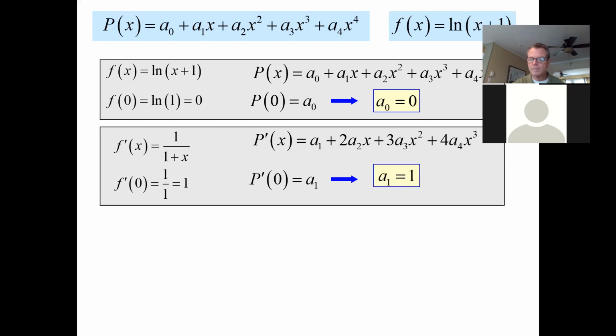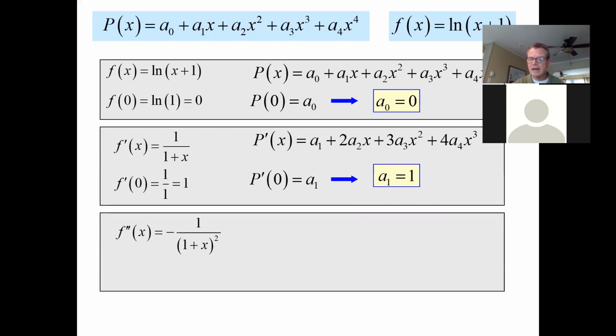So you're getting a 1 as the coefficient of the x term. You differentiate, take the second derivative, which is the power rule. You have (1 plus x) to the negative 1. D mu is 1, so you don't have to worry about that. Put 0 in there, and you get a negative 1.